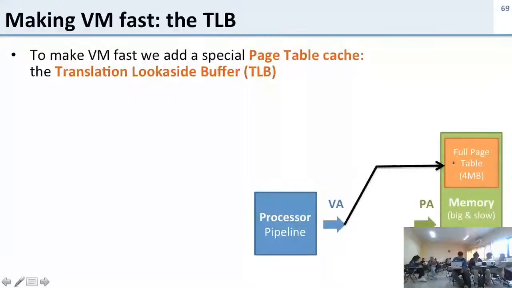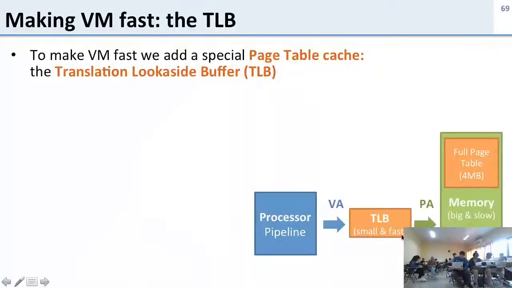Now, if the processor just tries to go access the page table directly and load back the entry to do the translation, this is going to be too slow. This is how we end up with an extra memory access for every single access. So what we need to do instead is put in a little cache, and this is exactly what we're going to do. We're going to put in a TLB, or translation look-aside buffer, in the middle here.